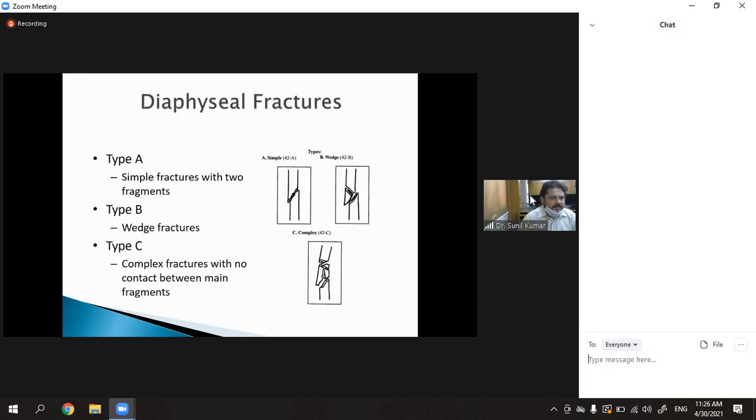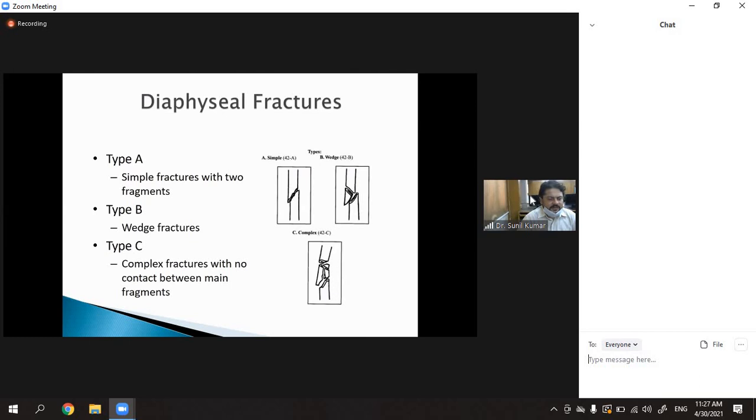Another question: can the screw be taken out after the fracture heals? Yes, there is a protocol for the removal of metal, whether screw, plate or internal nail. After the bone has healed, the screw should be removed.